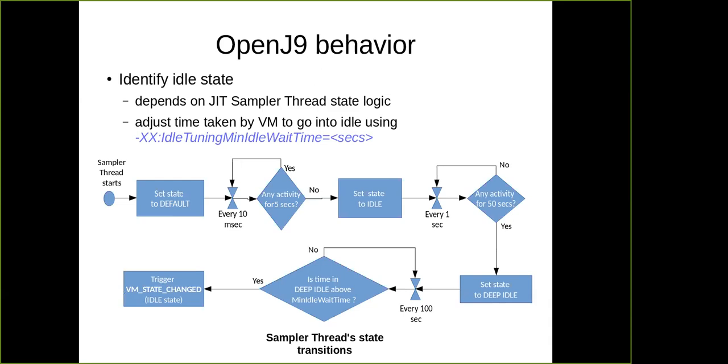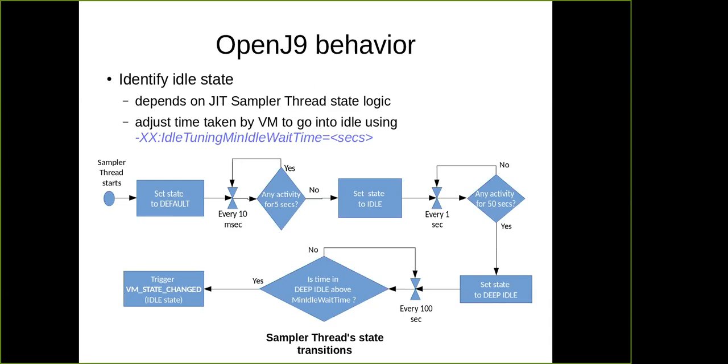And the second implication is that since we are tied to the sampler thread state logic, and the sampler thread has to send a notification to the VM, the VM can be declared idle only at discrete points in time. This is because when the sampler thread is in deep idle, it wakes up every 100 seconds.